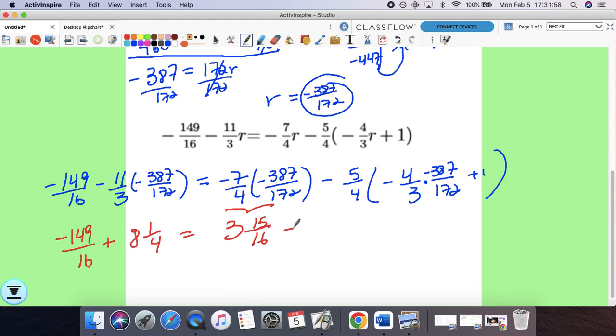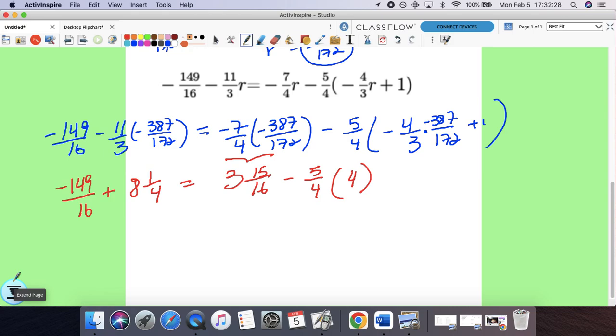And then we got to do the parentheses, so we have negative 5 over 4, and we got to put this into parentheses, so put that in the calculator. Again, it's a negative times a negative, so it's going to become a positive, so 4 over 3 times 387 over 172, enter, and then plus 1, enter, so that all equals 4.